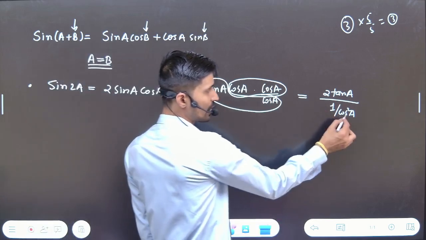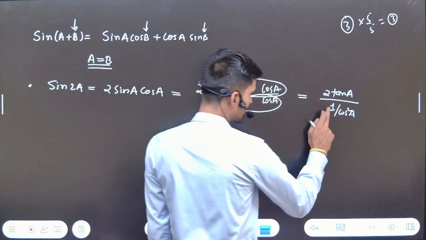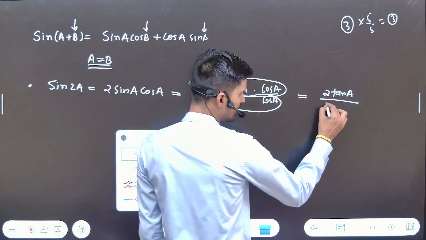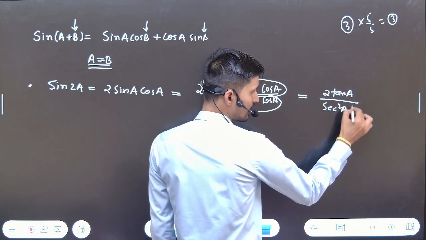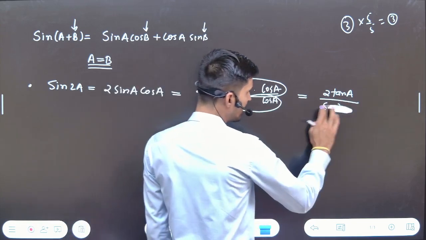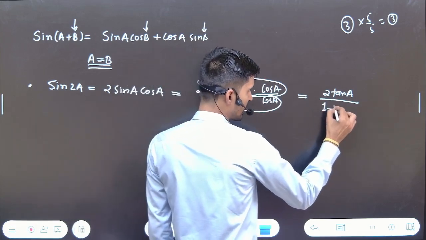And 1 upon cos square A will be sec square A. And what will sec square A be? 1 plus tan square A.